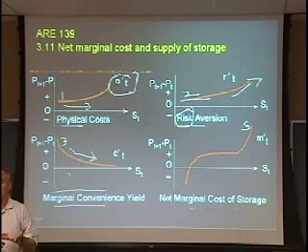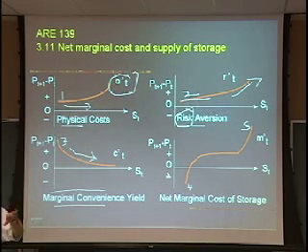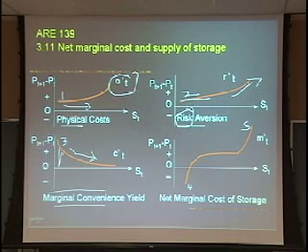So we have low physical, low risk, and high convenience. So we add 1, 2, and 3, and we end up with 4, right? The reason that 4 is below the horizontal zero intercept is because it picks up this very high convenience yield, right?